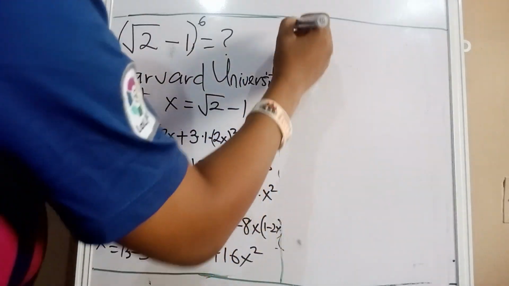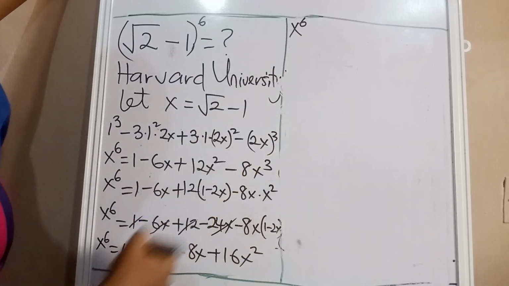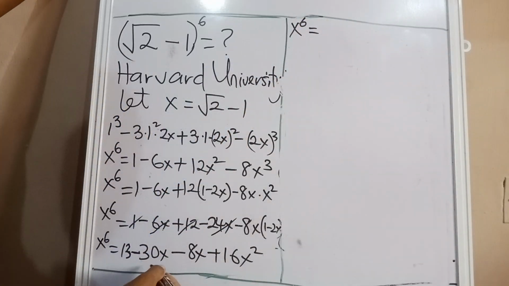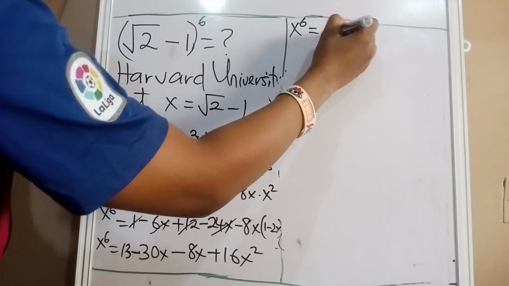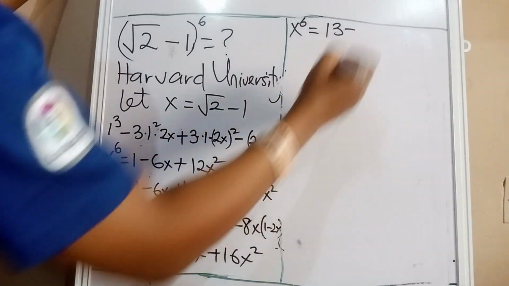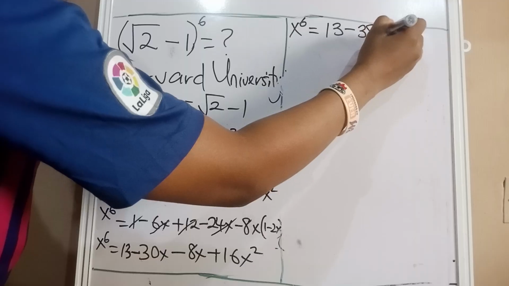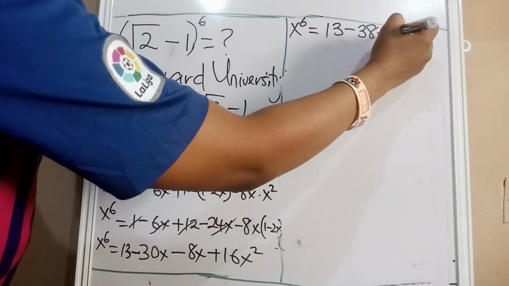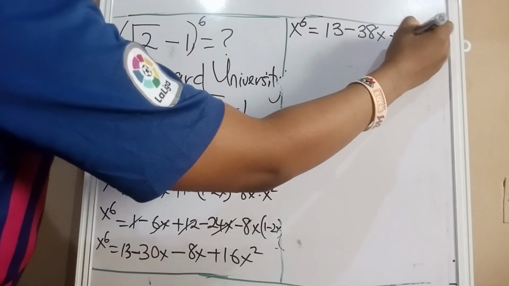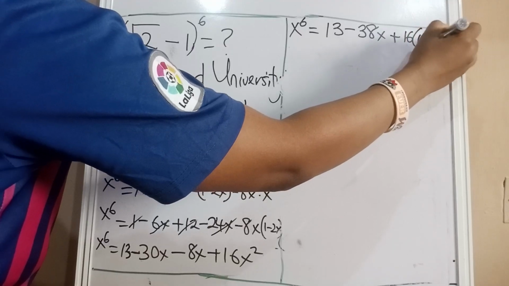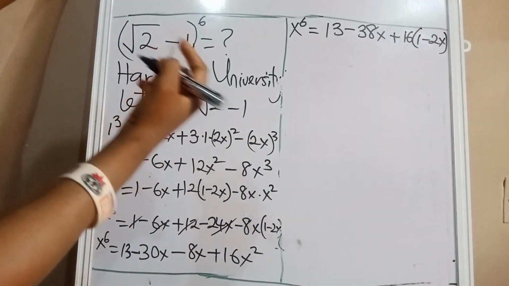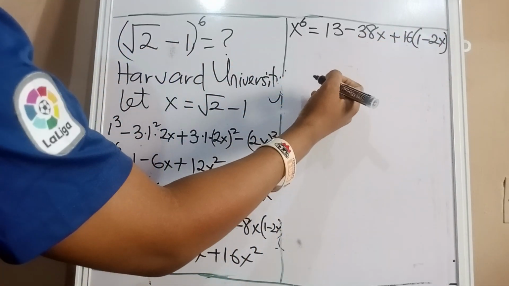So from here we have x to the power of 6 equals 13 minus 38x, and here we can expand it as 16x squared, which is 16 times (1 minus 2x). Remember the value for x squared, so we're putting it back there again.